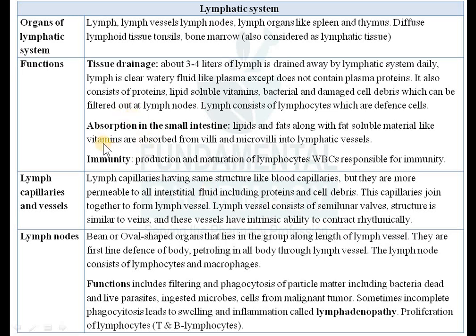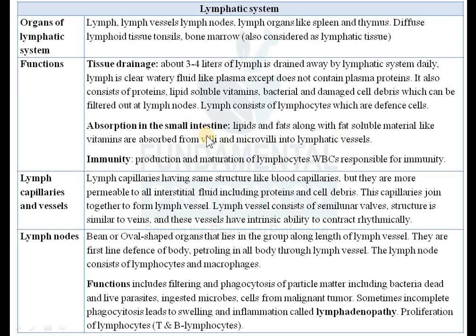Along with that, absorption of fats, absorption of lipids in the small intestine. So again, this lymphatic system is involved in the absorption of fats along with fat soluble material like vitamins and other fat soluble material that will be absorbed directly from the intestine into the lymph.